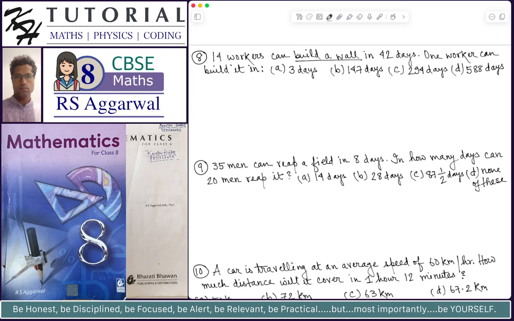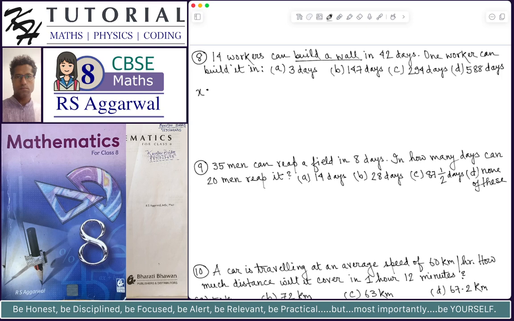So keeping the height or length of the wall same, you can say that the amount of work done is constant. So in that case, the number of workers and the time taken to build the wall will be inversely proportional to each other.